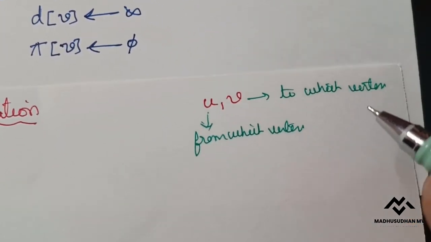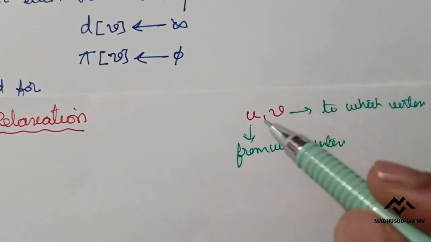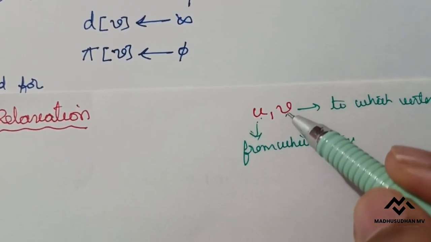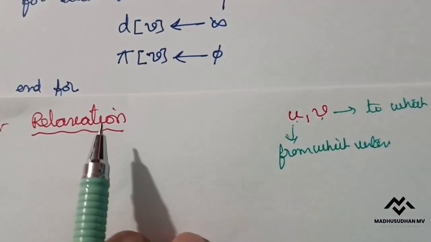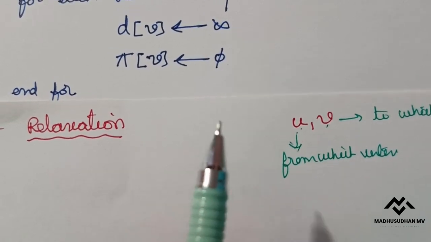That means we are moving from which vertex to which vertex. So we need to do the relaxation for all the edges n minus 1 times.